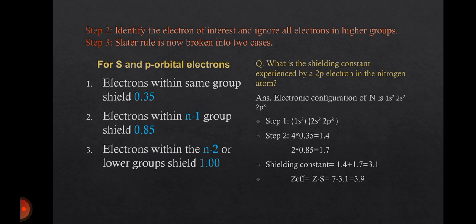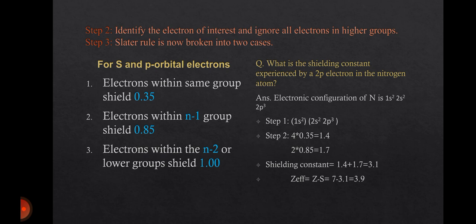Second step, we have to find how many electrons are present in the same group. Like 2s and 2p, there are 5 electrons in one group. But we have to find the screening constant of one electron that is present in the 2p orbital, so the remaining are 4 electrons.